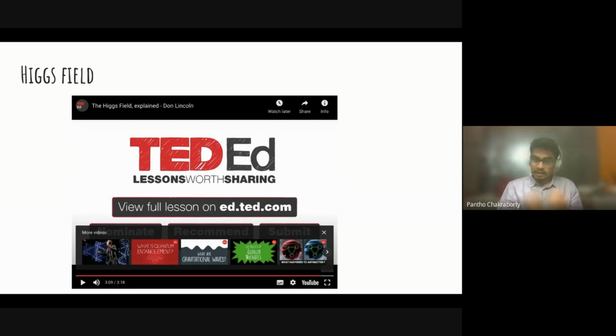But in particle accelerators, what they did was they collided two particles with a lot of energy, like 10,000 times more than the typical mass of an electron or proton. Because of that high energy collision, the Higgs field got crumbled, and that's why the bosons were detected.